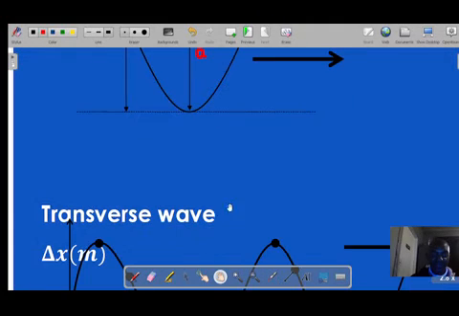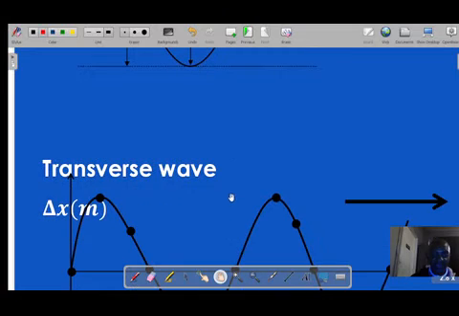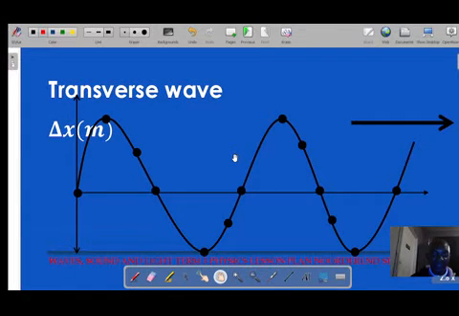Now these transverse pulses, when combined in succession, form a transverse wave. So there's a transverse wave here. This point here and this one form one complete wavelength. Also from this crest to this crest forms another wavelength.